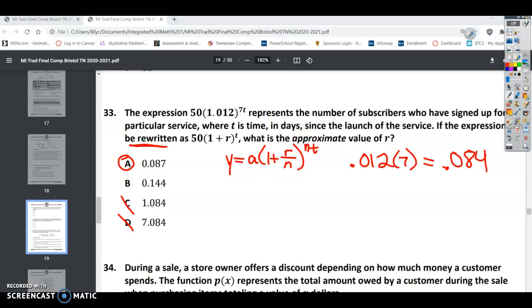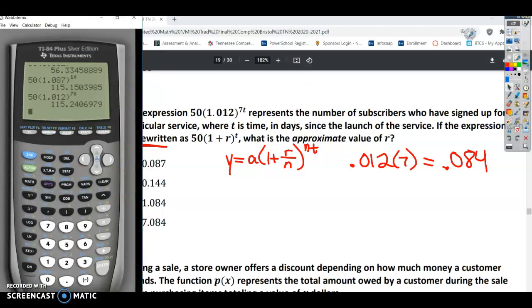So what we want to do, let's pull up our calculator. And we're just going to take the first equation, which is here, and plug it in.